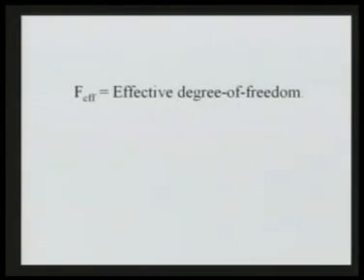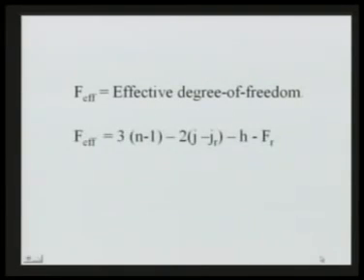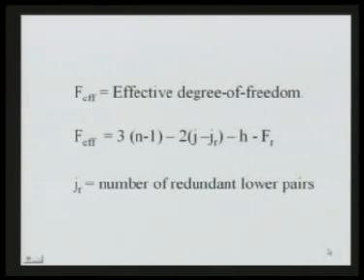If F effective implies the effective degree of freedom of a mechanism, then that is given by 3 times n minus 1 minus 2 times j minus jr minus h minus fr, where fr was the redundant degrees of freedom, h was the number of higher pairs, and jr is the number of redundant kinematic pairs. And j is the total number of lower pairs, n is the total number of links.